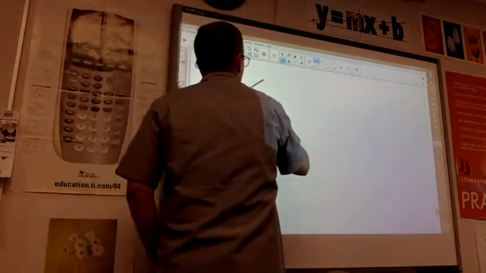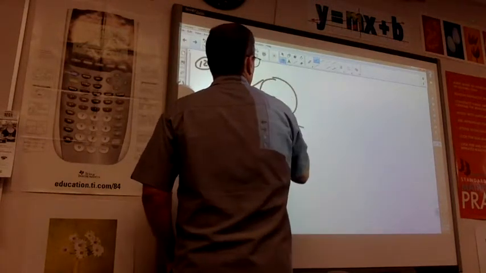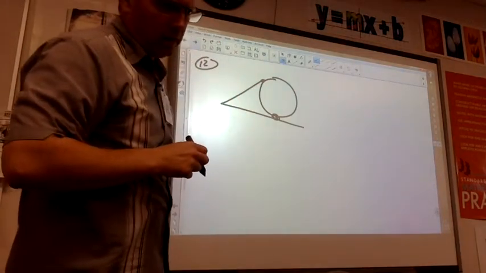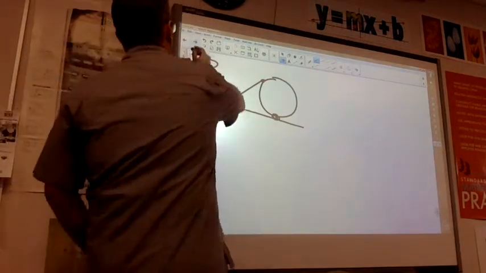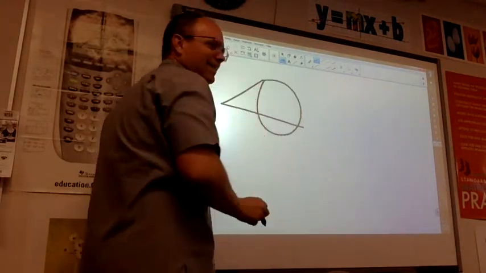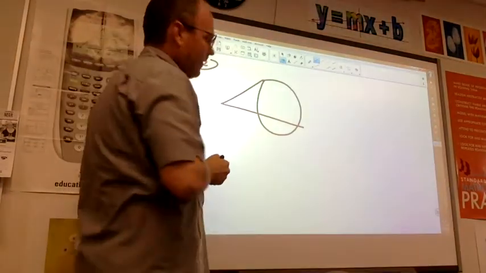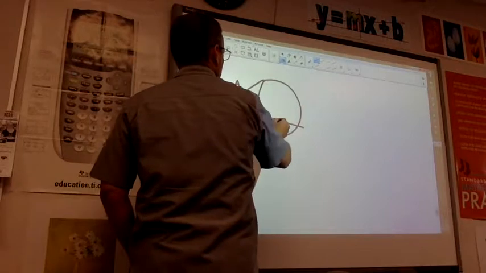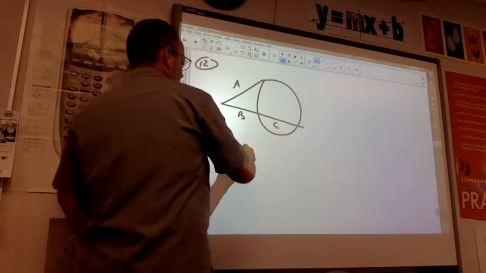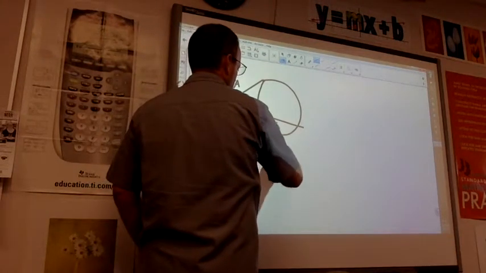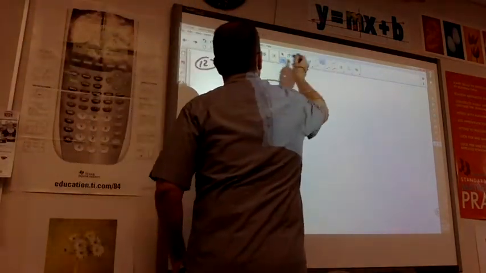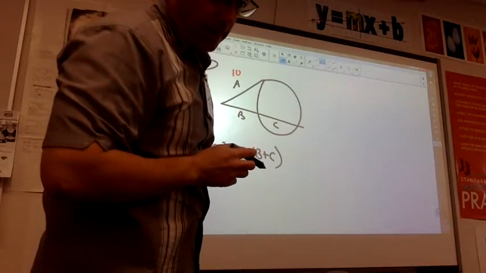So this is right. And we have lengths. So if this is A, if this is B, this is C, it's going to be A squared equals B times B plus C. So number 12, we have this being 10, 8, and x.